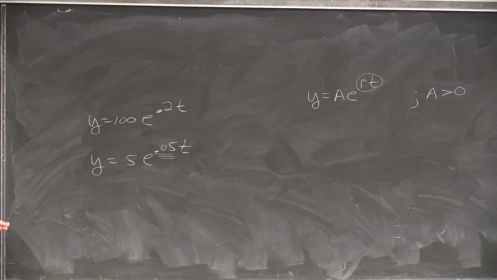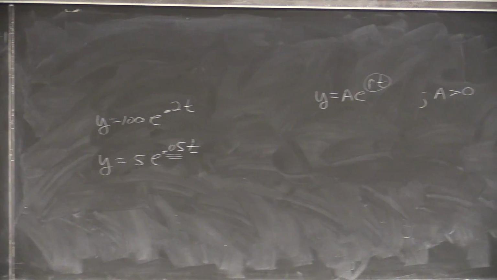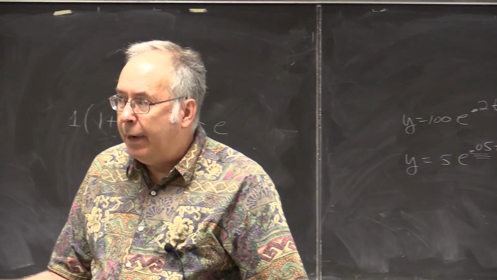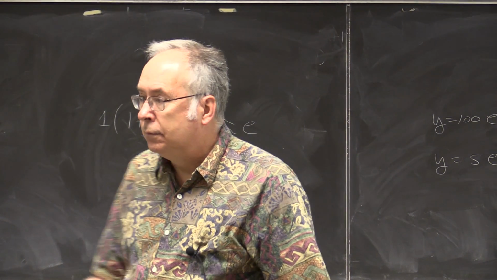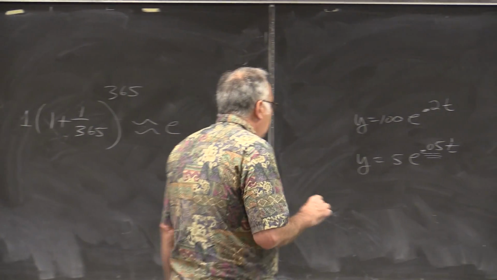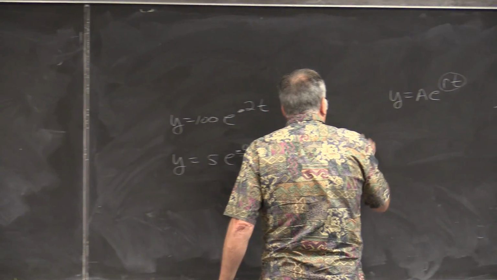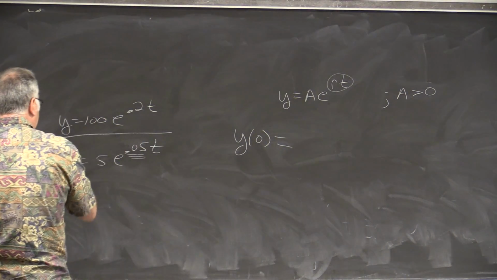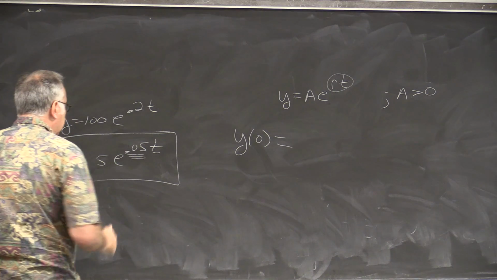So I assume that you all have calculators that have the mathematical constant e. Okay. Let me just get some practice. Again, what is y at time 0? If this equation is true, it's 5.